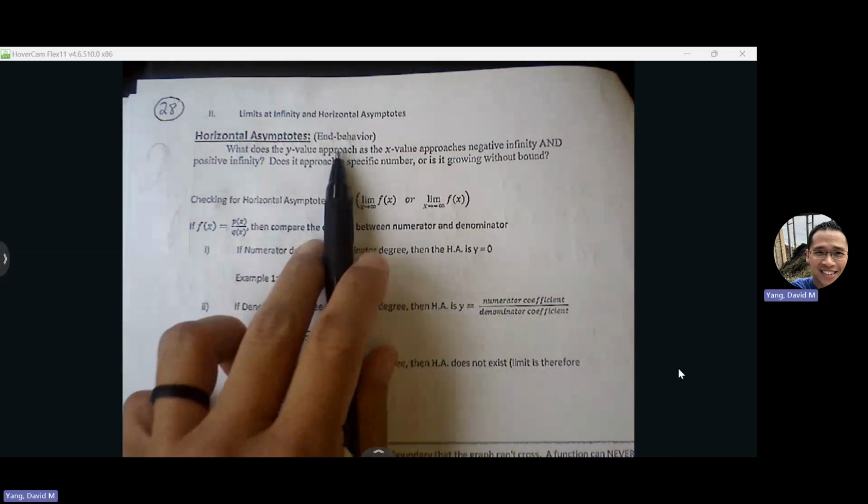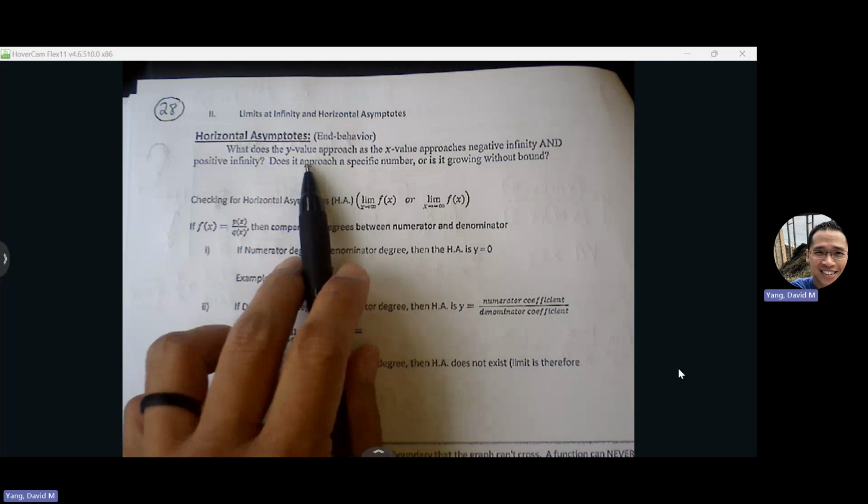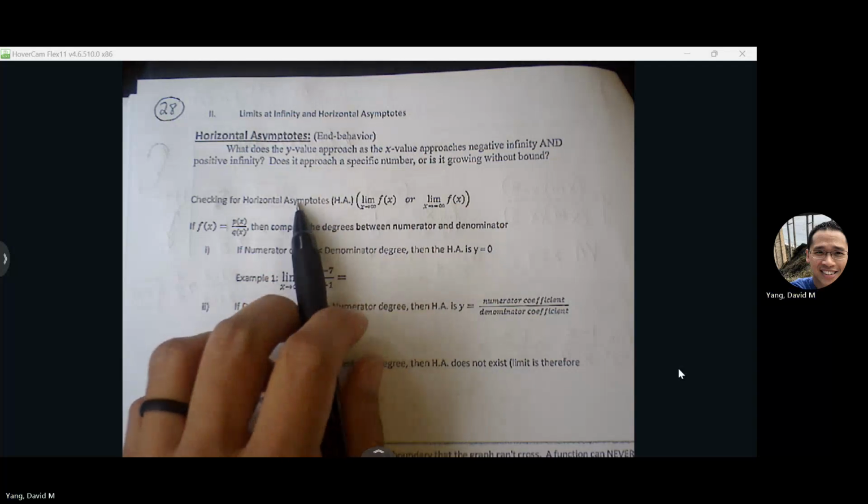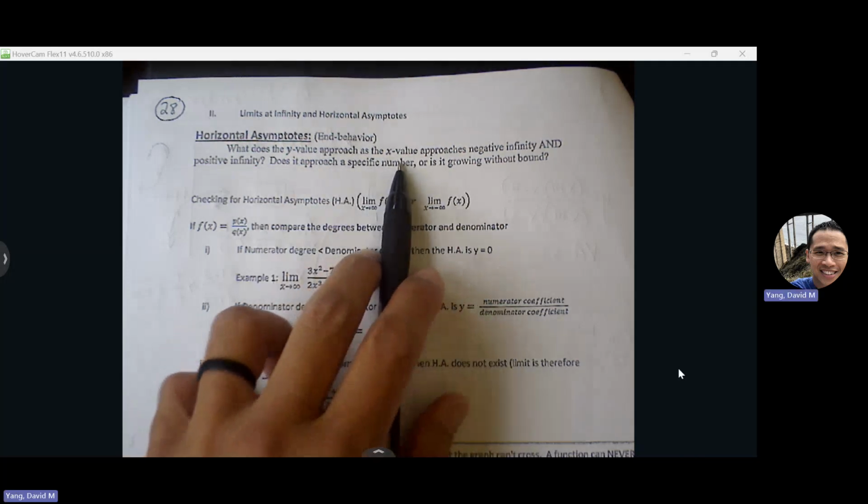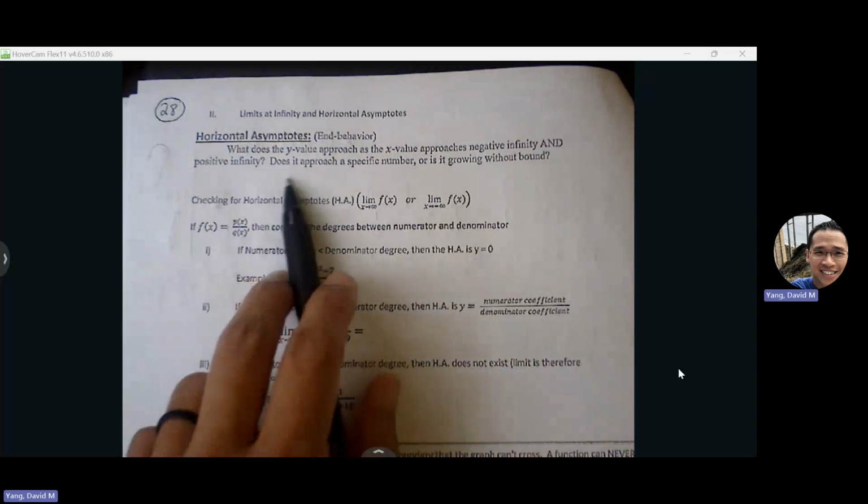All right, horizontal asymptotes. This is end behavior. So end behavior says, what does the y value approach as the x value approaches negative infinity and positive infinity?